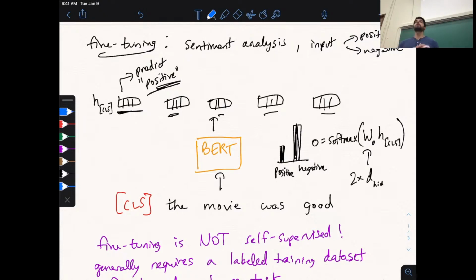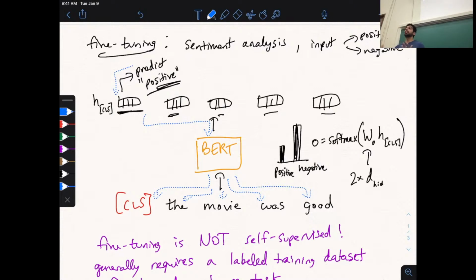We start with the pre-trained BERT, which has been optimized on one task, masked language modeling. And we have our softmax layer here. The model predicts positive. It gets some cross-entropy error, which we backpropagate through the CLS vector into the pre-trained BERT model and into all of the token-level embeddings for the sequence.